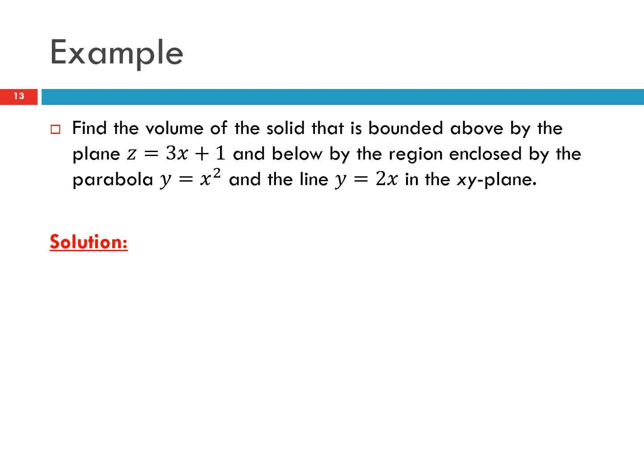Find the volume of the solid that is bounded above by the plane z equal to 3x plus 1 and below by the region enclosed by the parabola y equal to x squared and the line y equal to 2x in the xy plane. Okay, from the question we have 3 equations. Right, and the keyword here is to find the volume.